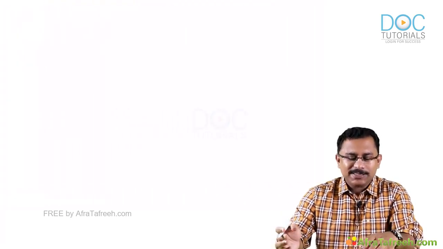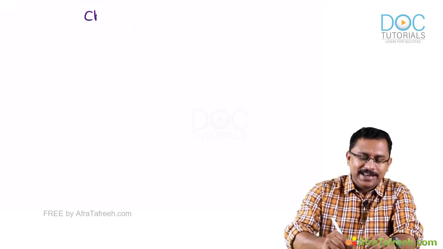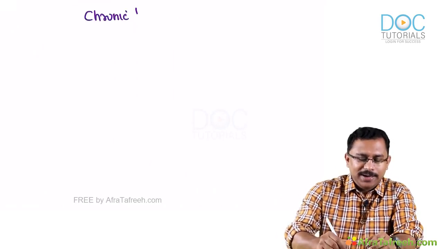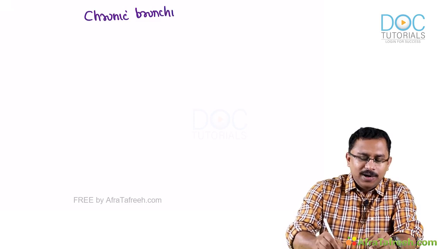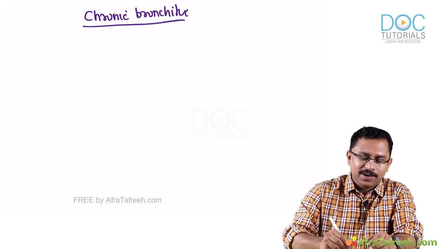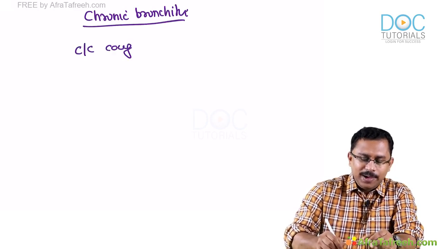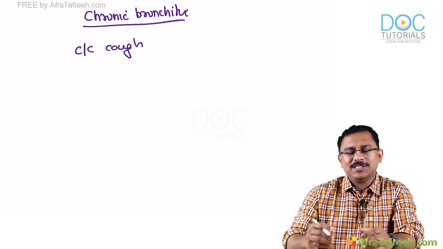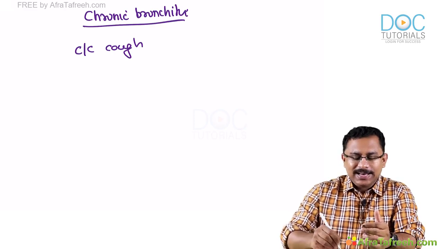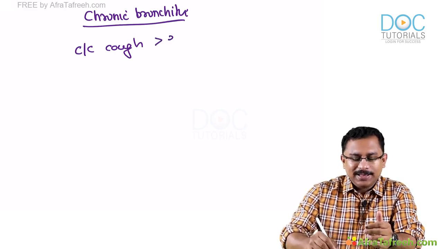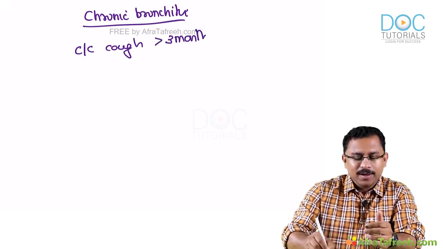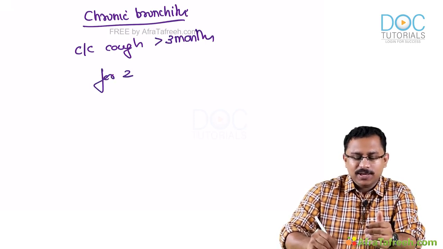But bronchitis per se, if you are asked what is the definition of chronic bronchitis, see, in chronic bronchitis, someone is having a chronic cough, okay, and this particular cough, this productive cough, is lasting for more than 3 months, okay, for 2 consecutive years.